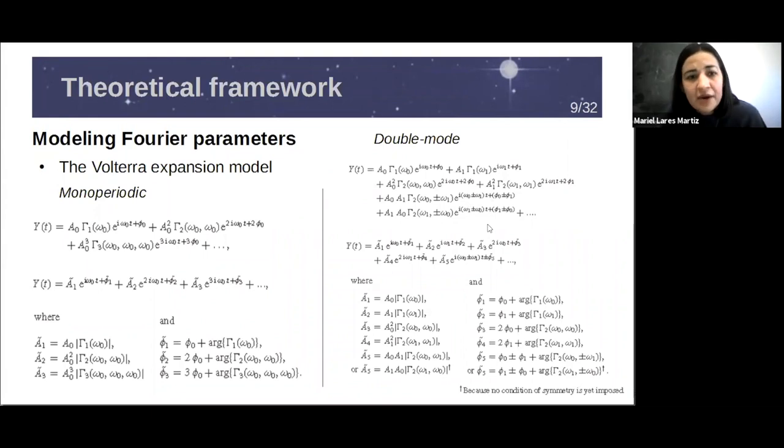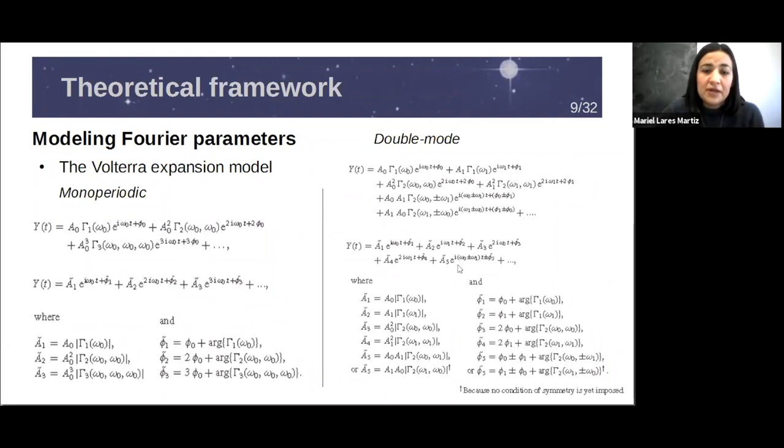Now that we have set this general nonlinear model, one can start to identify the combination frequencies in the power spectrum. We start by exploring the frequency relation, which is completely known. The gamma function does not intervene in this relation.